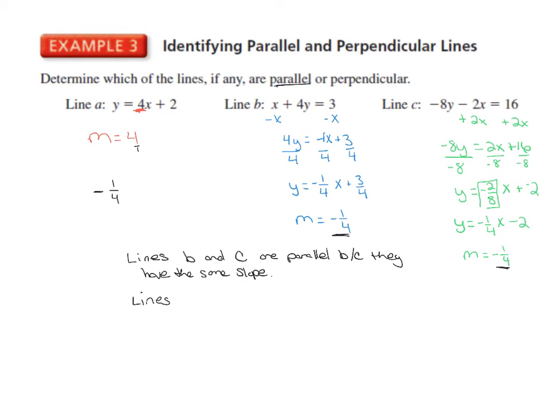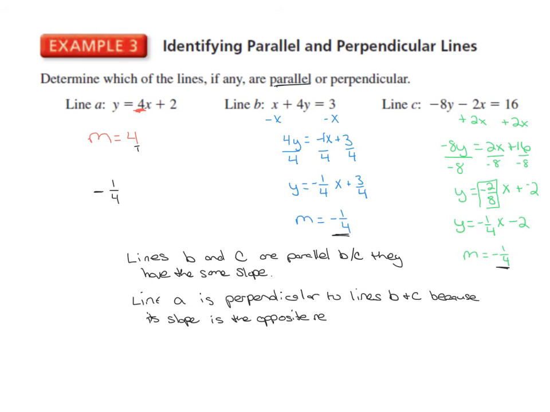So I'm going to say line A is perpendicular to lines B and C because its slope is the opposite reciprocal of their slope.